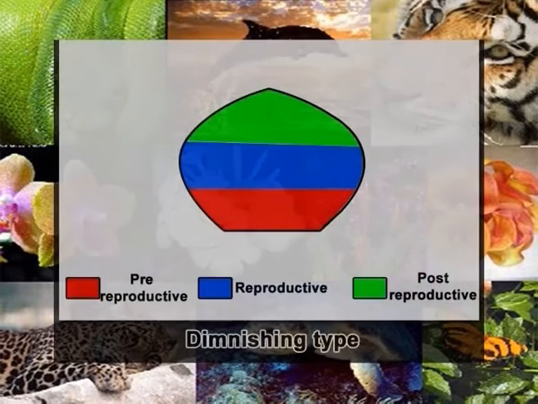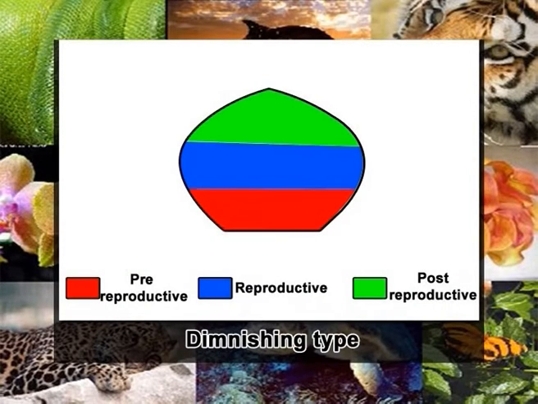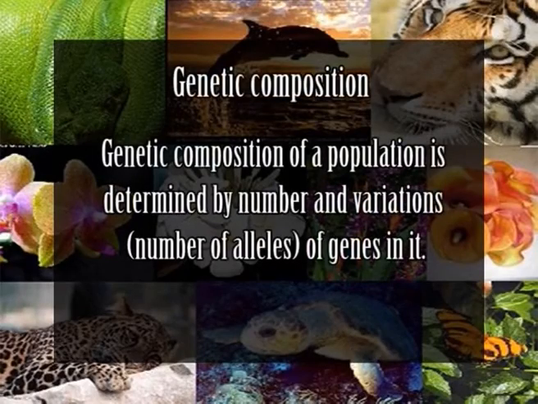And if the number of older organisms is more than the younger ones, the population is said to be retrogressive or diminishing type. Now, the third and the last important secondary characteristic of a population is its genetic composition.